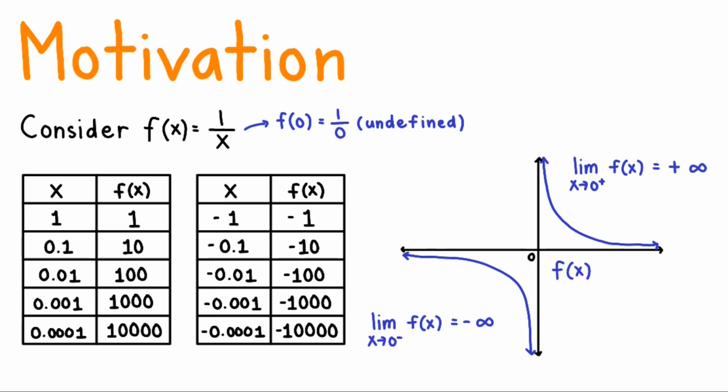So as you can see, even though the limit clearly does not exist, since it doesn't approach a finite real value, and moreover it is not equal, since here we have positive infinity and negative infinity, it's still nice to learn about this, since we'll have a better understanding of the behavior of a function, in this case the function f of x equals 1 over x, as it approaches 0.